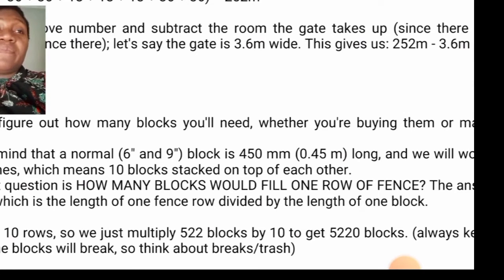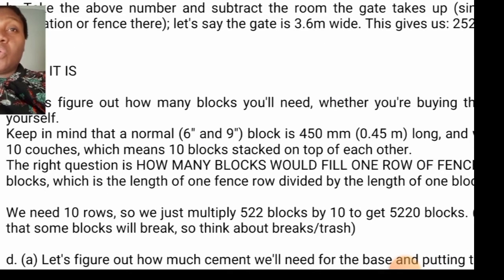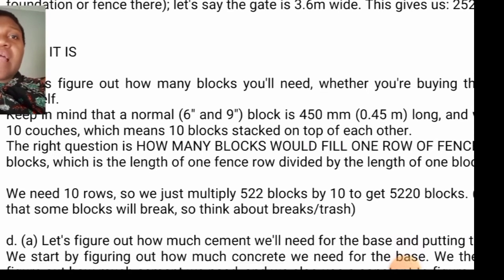We will work with 10 courses. The fence was 10 courses, so the calculation here is with 10 courses. It depends on how many courses of block you want for your fence, which means 10 blocks stacked on top of each other. All right. The right question is how many blocks will fill one row of fence?